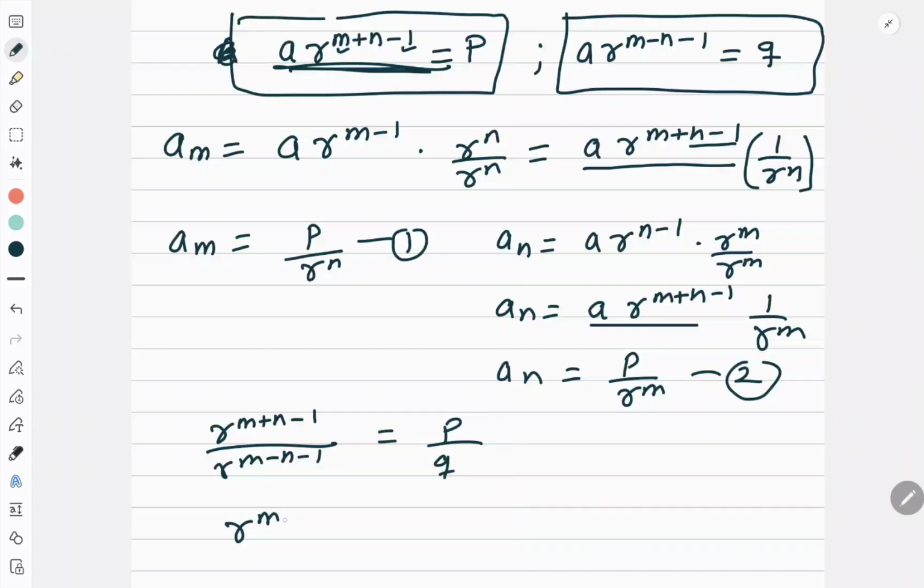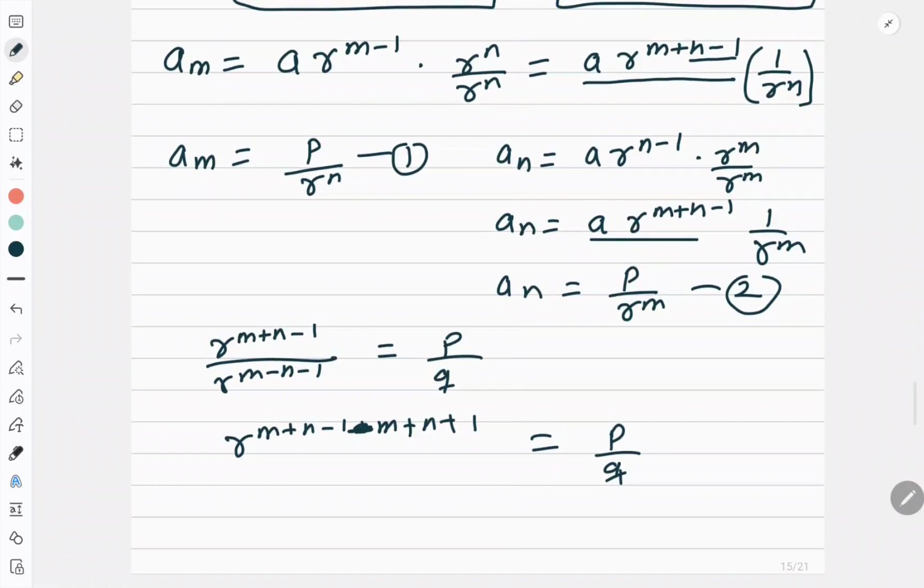Now see, the signs I have to change: m plus n minus 1 minus m plus n plus 1, because these terms are dividing, so the powers will be subtracted, is equal to P by Q.